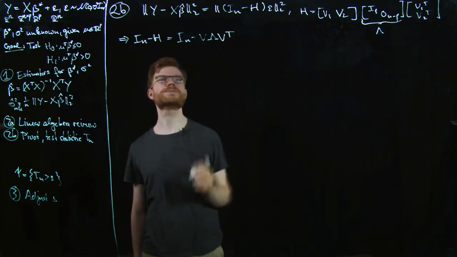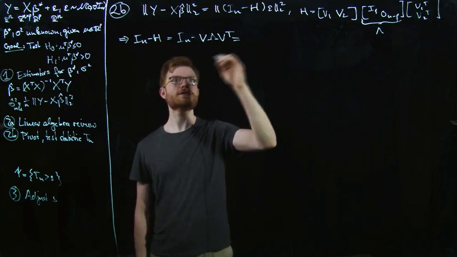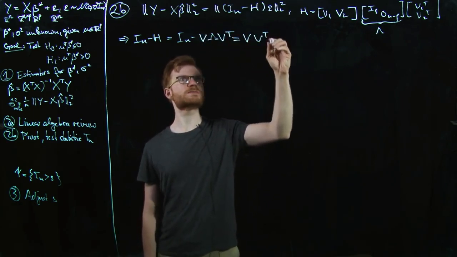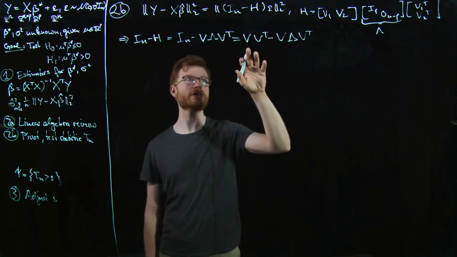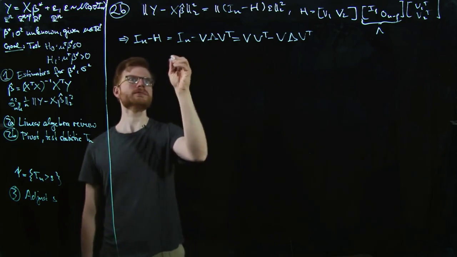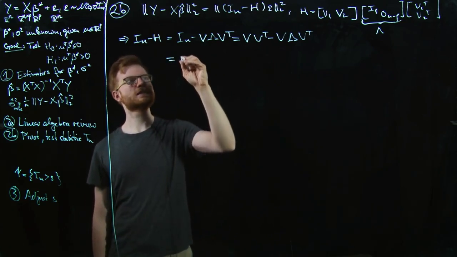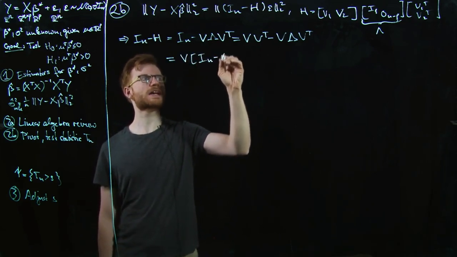Now this is the same as V V transpose minus V lambda V transpose, because V is orthogonal, so these two are inverses of each other, which is V times (identity in n dimensions minus lambda) times V transpose.